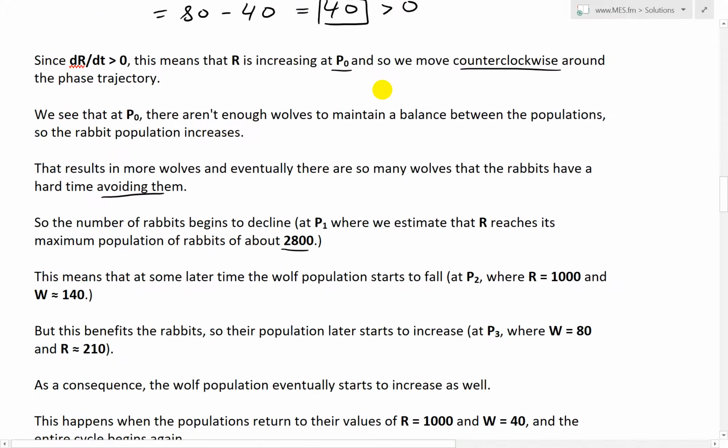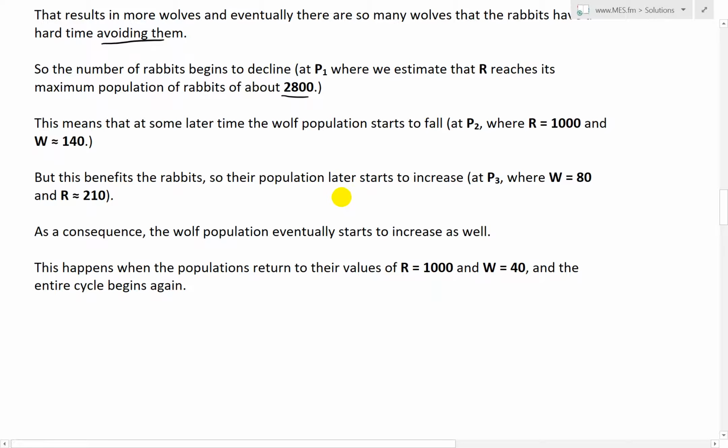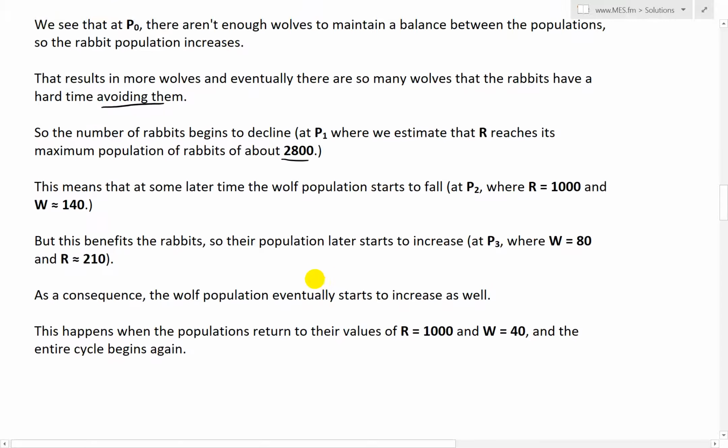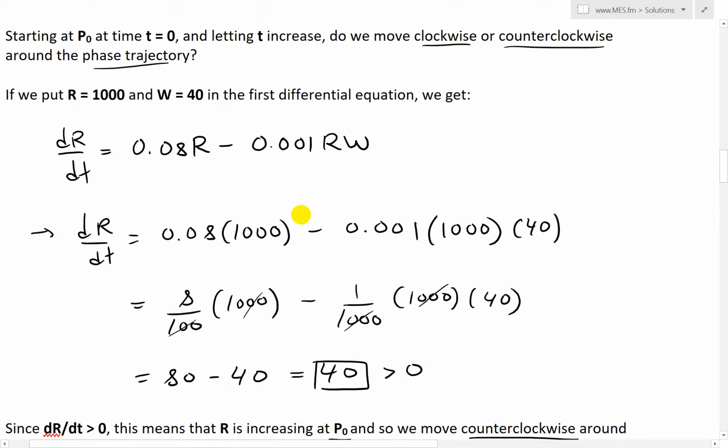This means at some later point the wolf population starts to fall. That's at P2, where R is 1,000 and W is about 140. But this benefits the rabbits because if there are fewer wolves, then the rabbits can reproduce properly again. So the population starts to increase at point P3, where W is about 80 and R is about 210.